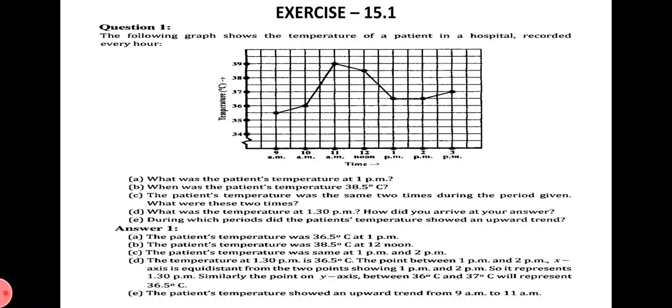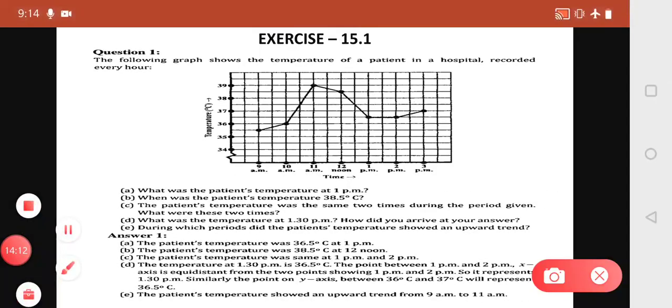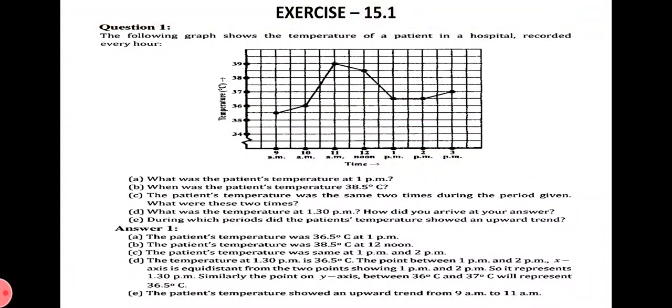So for the solution, number A. The question is, what was the patient's temperature at 1 p.m.? Now let us look in the graph and let us see the 1 p.m. Here you can see 1 p.m. Here at 1 p.m., what is the temperature? This is this point. Let us see the temperature here. Sorry, this is not the line actually.